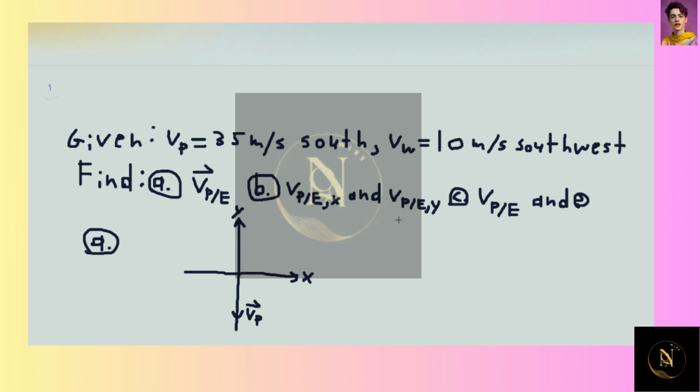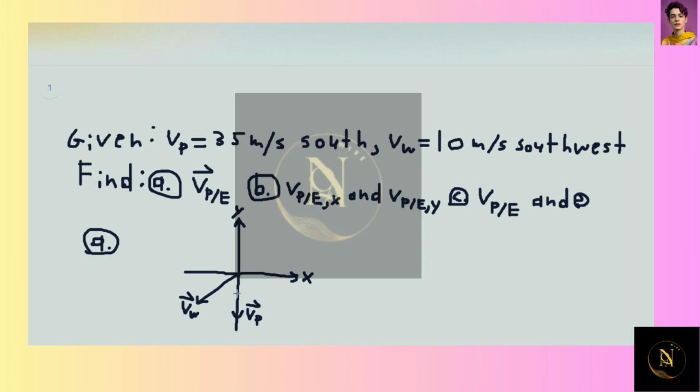And then we know the velocity of the wind is pointing southwest. Okay. So southwest is going to be here. So this is going to be the vector VW. So that means that the velocity of the plane relative to the Earth is going to be somewhere in between these two vectors here.